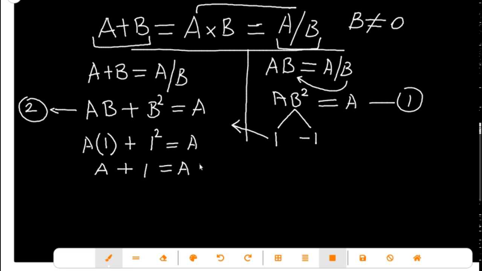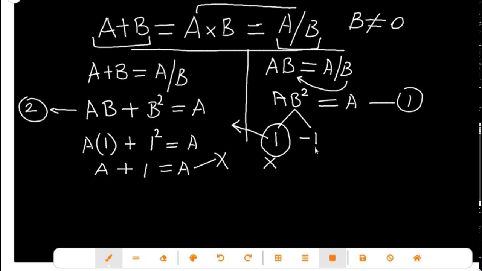How is that possible? This is not possible. 1 plus 1 cannot be equal to 1, it will be 2. So a plus 1 is equal to a is wrong. So this answer b is equal to 1 is wrong.